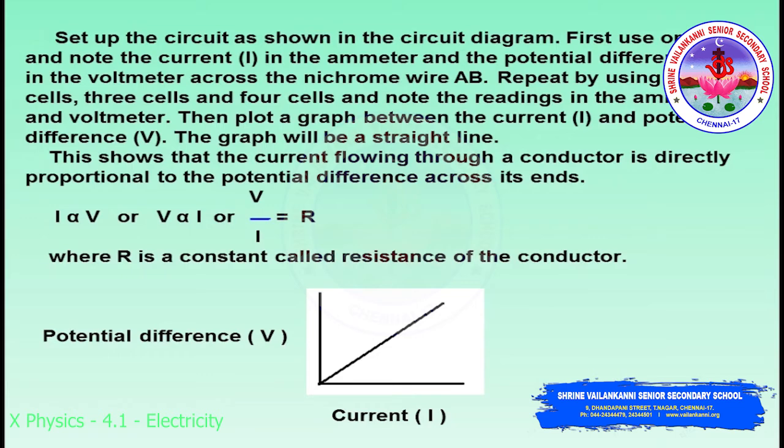Any resistance wire you can use, like nichrome. We have to repeat by using 2 cells, 3 cells, 4 cells, like that, and get the readings through the ammeter and the voltmeter. Finally, we plot a graph between the current and the potential difference. The graph will be a straight line. It shows that the current flowing through the conductor is directly proportional to the potential difference across its ends. So this is the graph you will get.